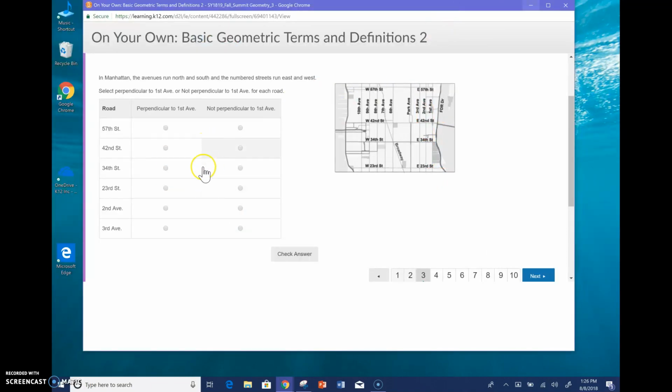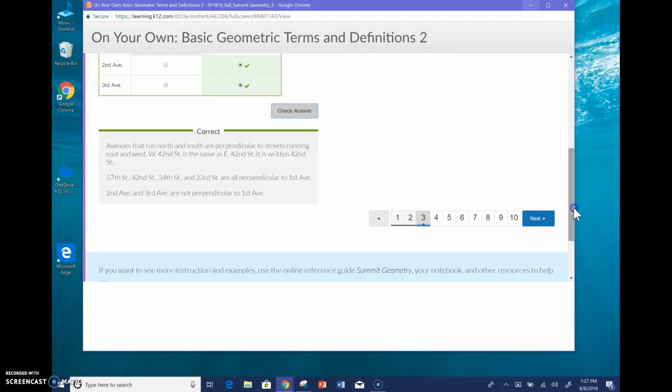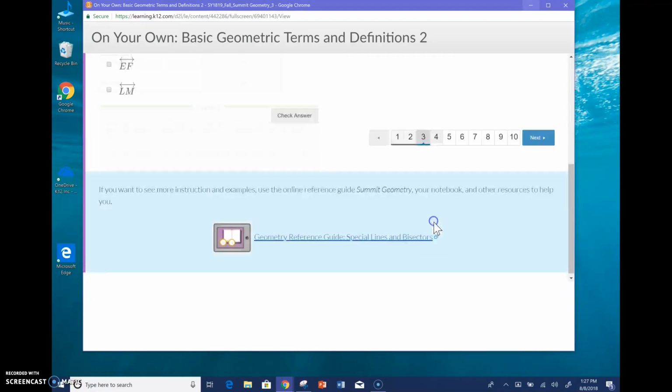So we decided that 57th, 42nd, 34th, 23rd were all perpendicular because they ran horizontally. And 2nd ran vertically and 3rd ran vertically, so it is not perpendicular. Let's see if we're right. We are. Gives us a great explanation, and we go on to the next one.